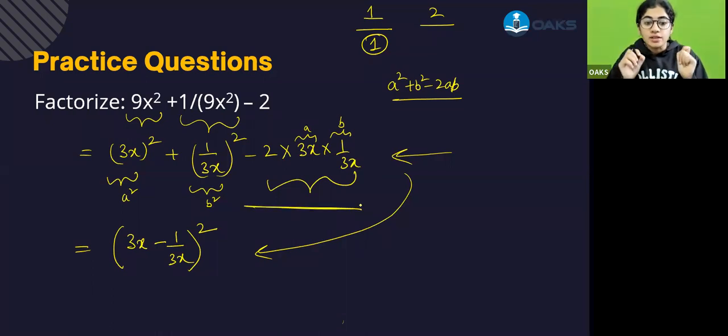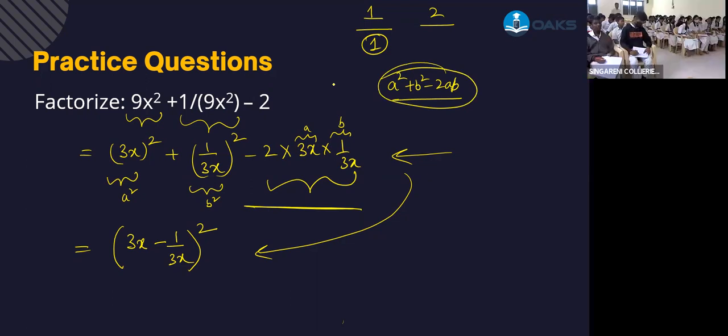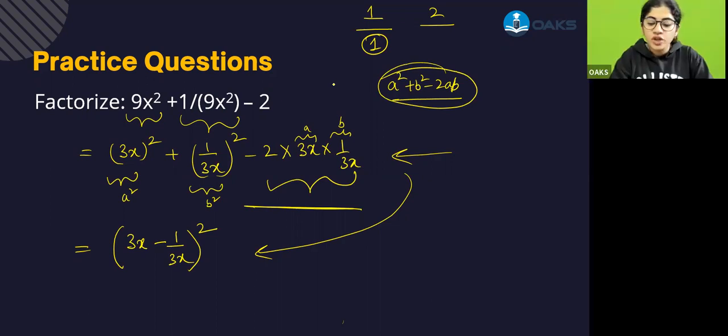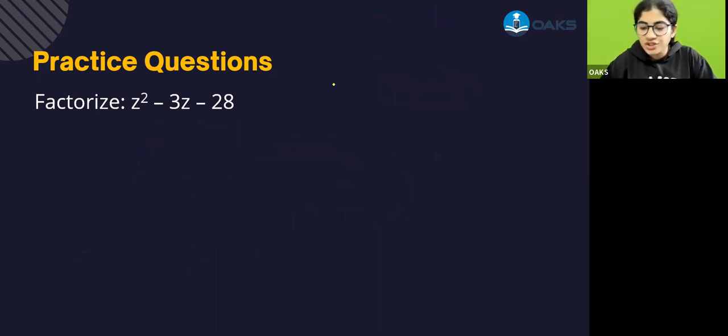Whenever you are doing these questions in your examination, always write the identity used. You have to write A minus B whole square is equal to A square plus B square minus 2AB. Remember everyone? Okay. So I'm moving on to the next question here. That is this. Now, from school 1, Shrija is present.